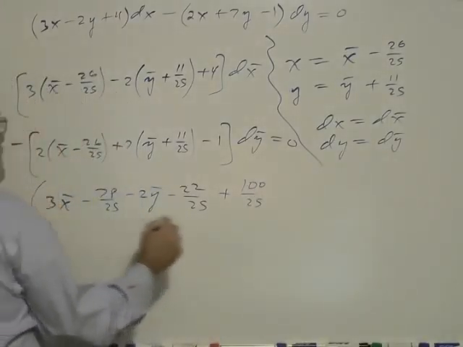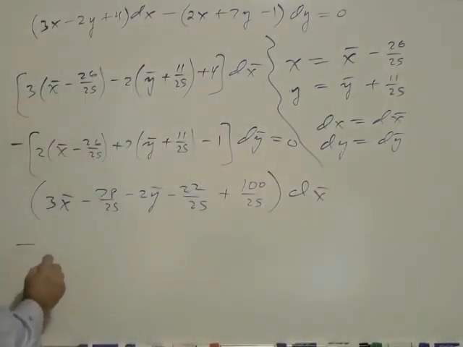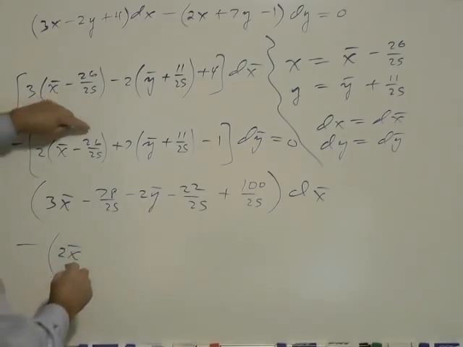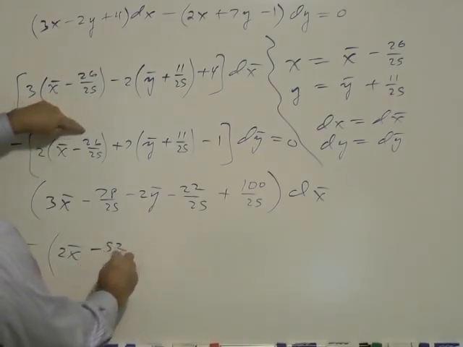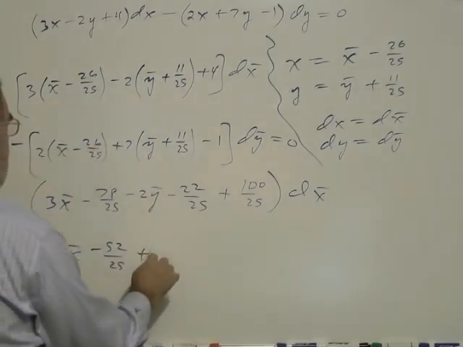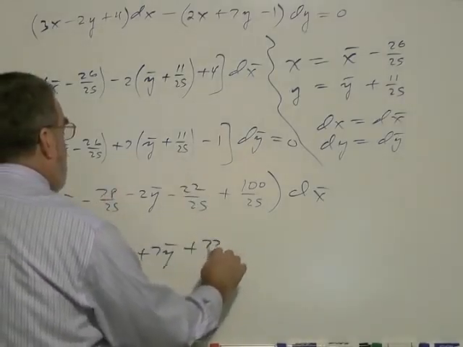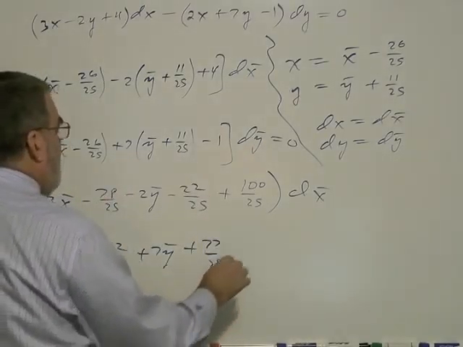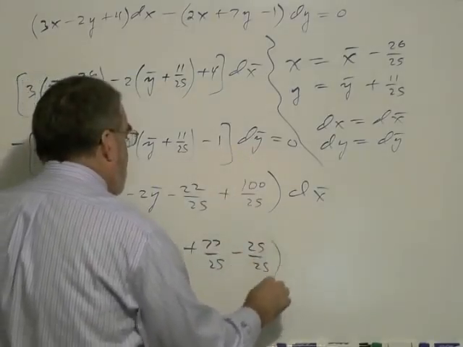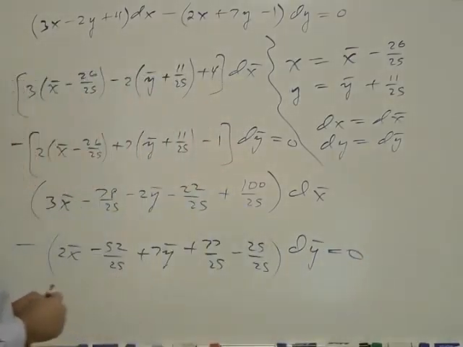And this is dx bar, minus, now this part, 2x bar minus 52/25 plus 7y bar plus 77/25, and then minus 1 would be 25/25, close bracket dy bar equal to 0.